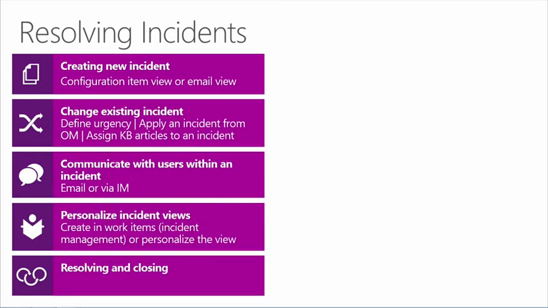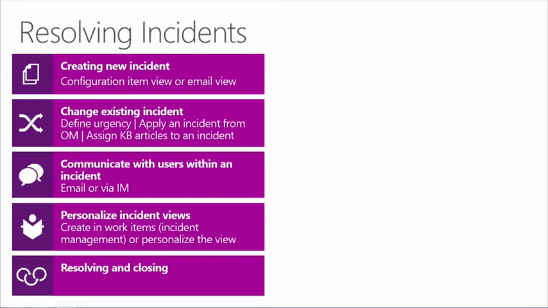So real quickly, the way that we see the resolving of the incident is all about creating a new incident, and that can come in a number of different formats: directly within a service request that the end user might ask for, as well as an automated process from the thresholds that we've set, let's say, for Operations Manager to monitor. I introduce some change with the existing incident. I communicate to my users as well as to my owners the status of that incident.